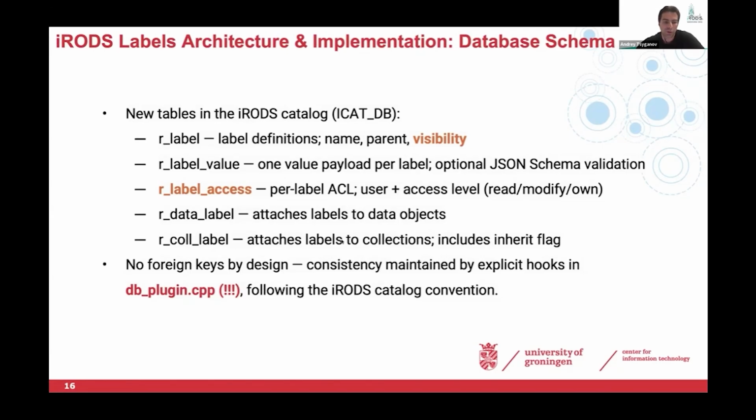There are two strategies. One, as my background is databases, is to use foreign keys, which are now not in the iRODS schema, and that would be the easy solution. The other is to change the DB plugin CPP, which is more challenging, but the amount of code needed is not huge.